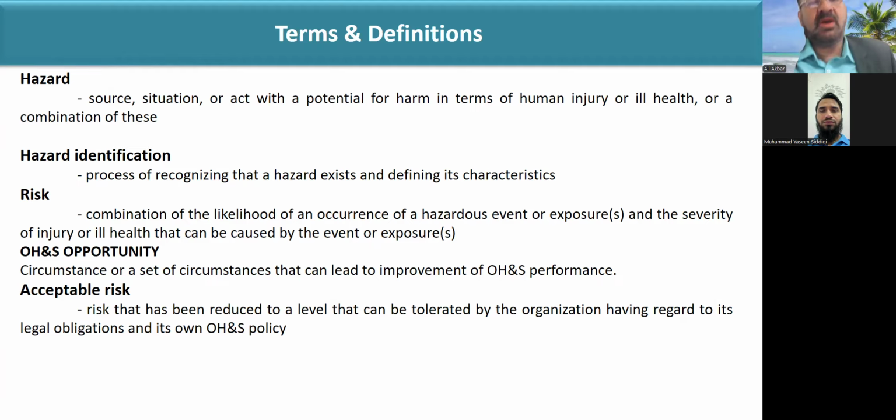Sometimes we get an opportunity. Like sometimes we get a loss, but this small loss we can recover from, and we become more proactive.